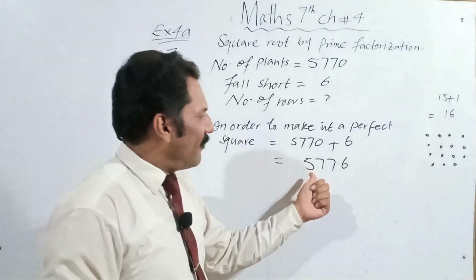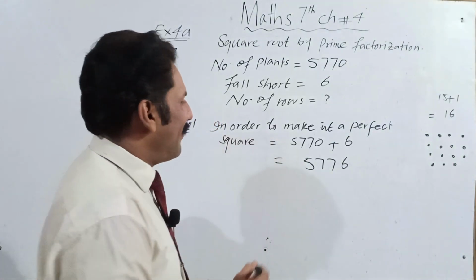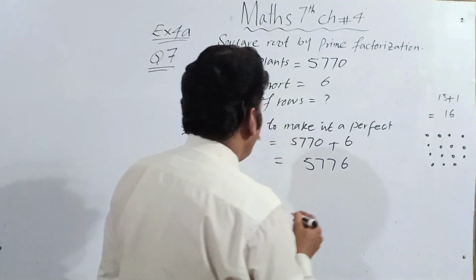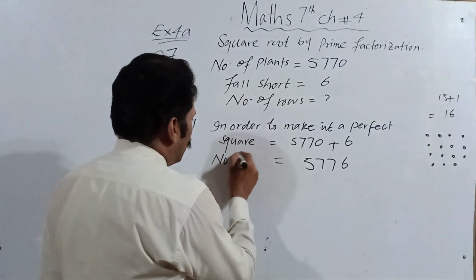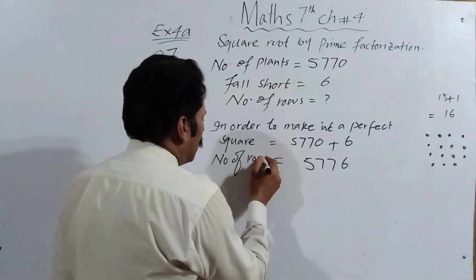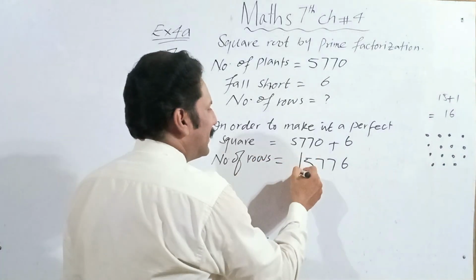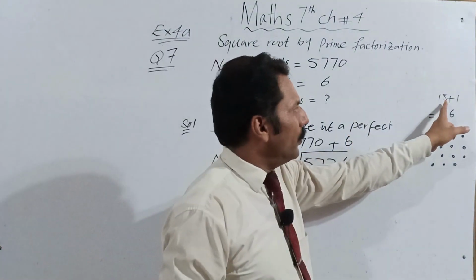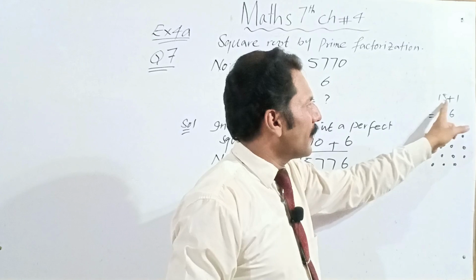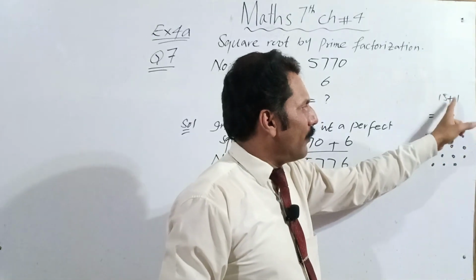Now, if we have 5776 plants with us, then definitely number of rows will be equal to the square root of this. As I have told you, if we want to make it a perfect square, then we will have to add one more.